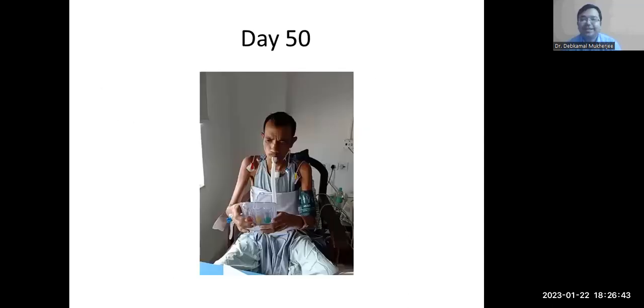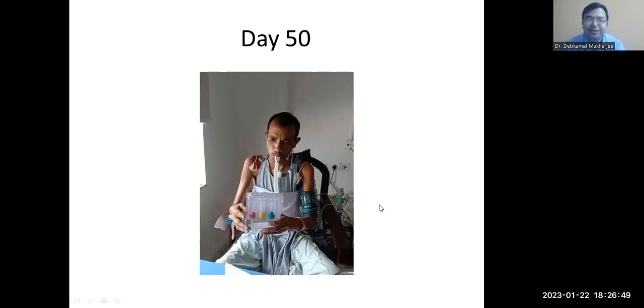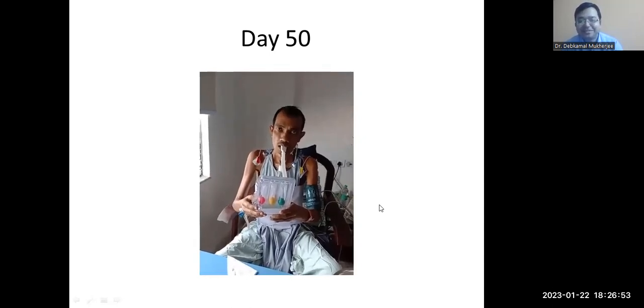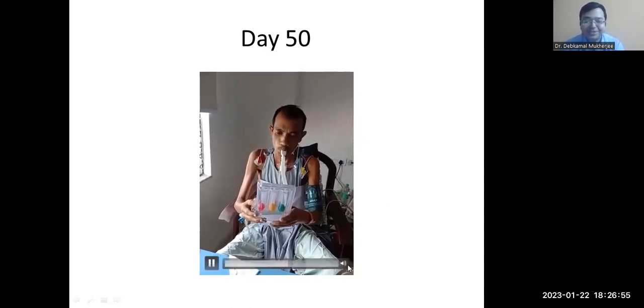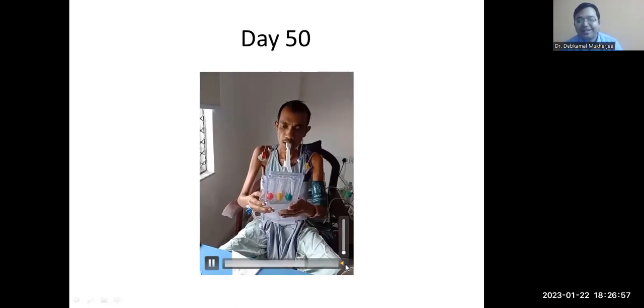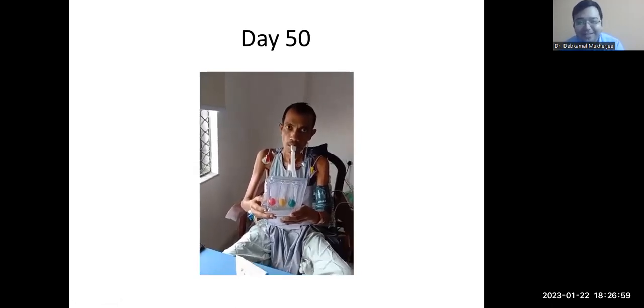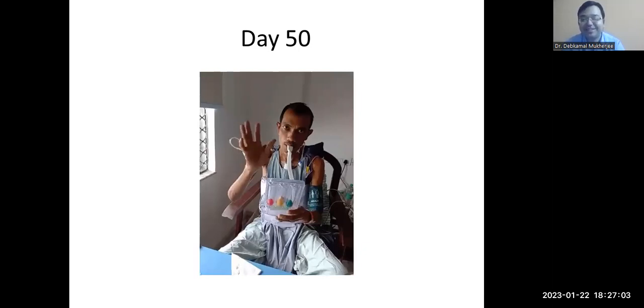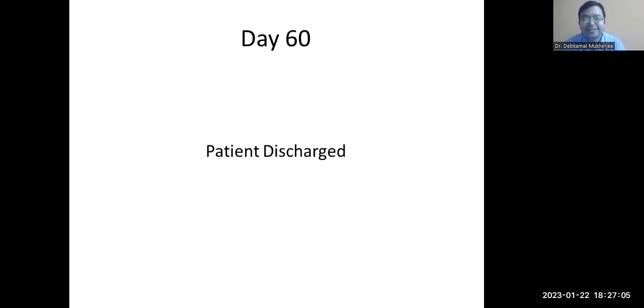This is the patient doing spirometry with all the lines out and everything. The patient was recovering very well, and it was very fortunate that we could successfully manage this patient, and we could finally discharge this patient to home on day 60.